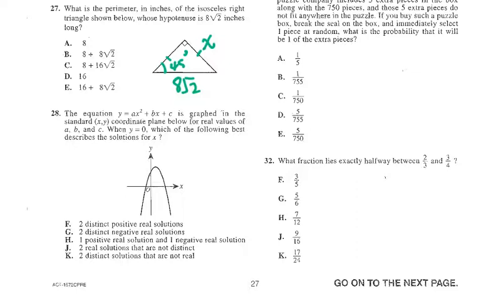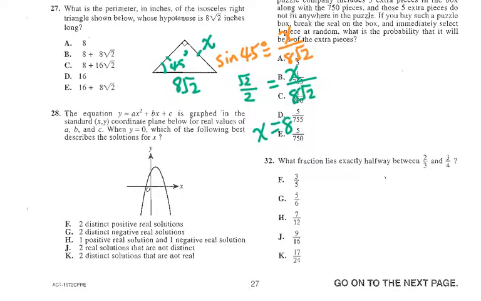Let's do the SOHCAHTOA. So I have sine 45 equal to x over 8 square root of 2. Then sine 45, that will be square root of 2 over 2. Then get the x is 8 square root of 2 over... so your x will be 8. Then you will get the 8 plus 8 will be 16. Then plus 8 square root of 2, it will be perimeter. So E will be the answer.